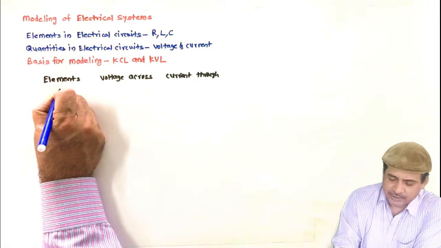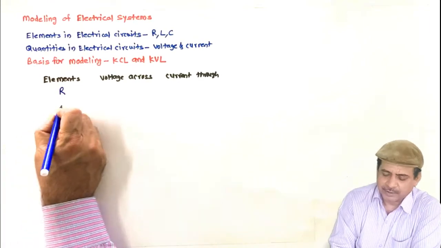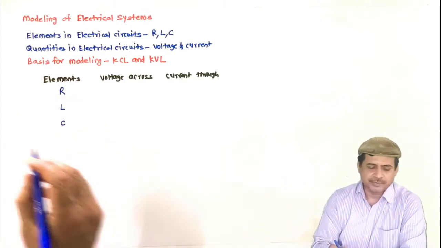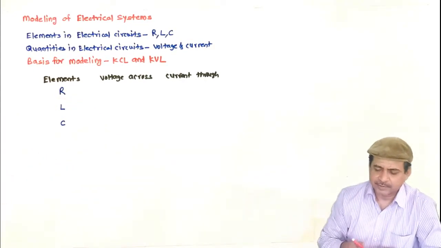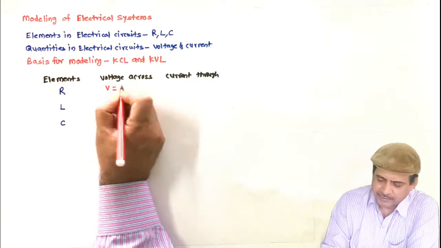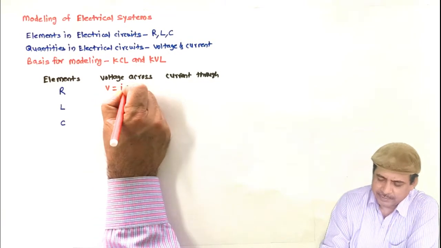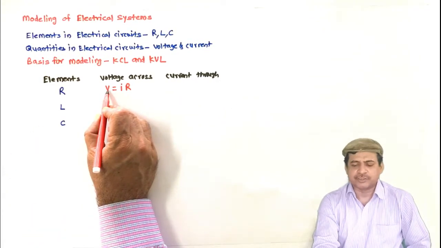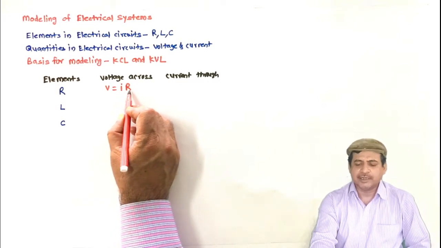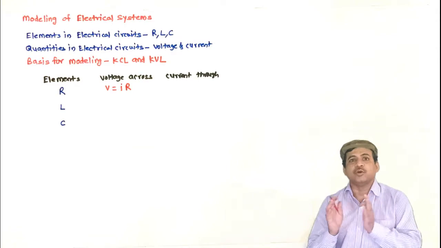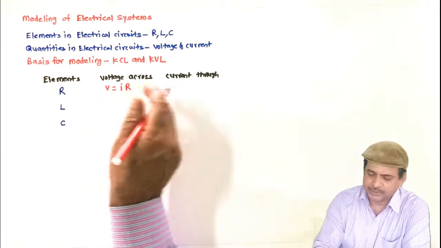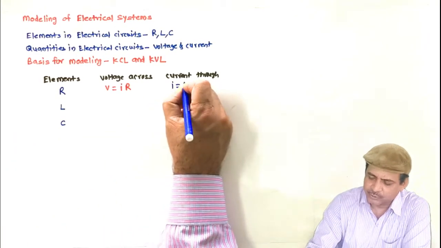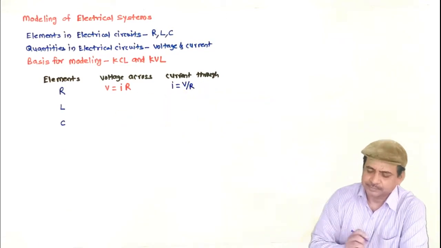The elements we will consider are R, L and C, and the voltage across a resistance is given by V is equal to I into R, where V is the voltage across the resistance, I is the current flowing through the resistance, and R is the value of the resistor in ohms. The same relation can be written in terms of current as I is equal to V by R.